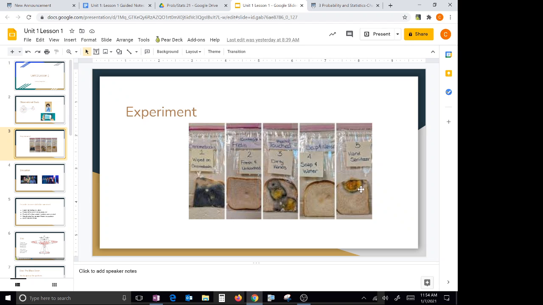Our subjects here are pieces of bread being touched with different things. You could be looking at a drug test. You could be giving a new experimental drug or trial drug and seeing how it affects your subjects. So that's another example of an experiment.